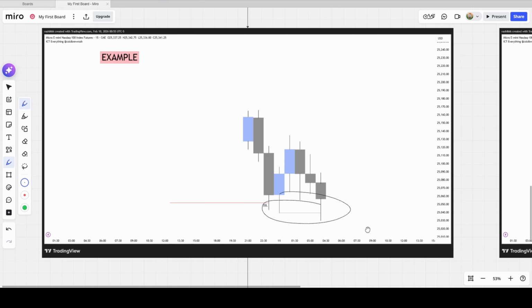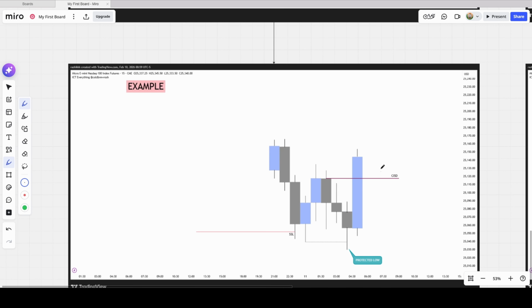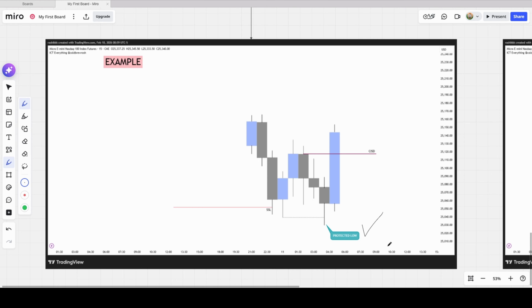Once price closes above that level, that low is now protected. At that point, we can anticipate that price is likely to reverse or transition into a new bullish phase and continue higher. From there, we can start looking for entries or continuation setups, because we now have a protected low supporting the idea that the trend is shifting.